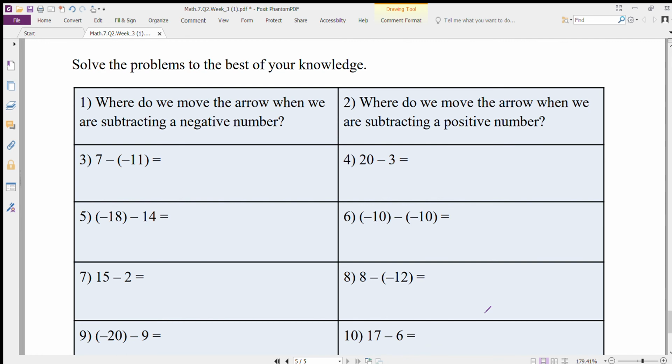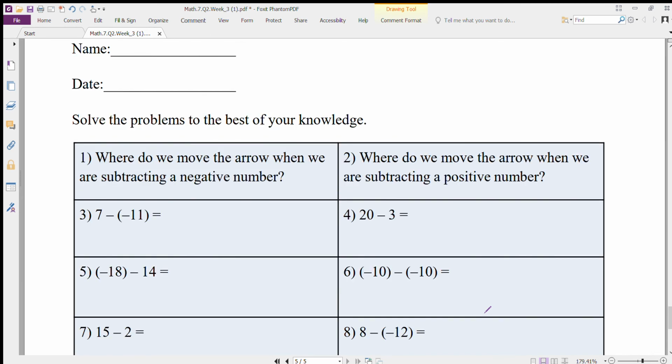So here we have, where do we move the arrow when we're subtracting a negative number? Think of the balloon.